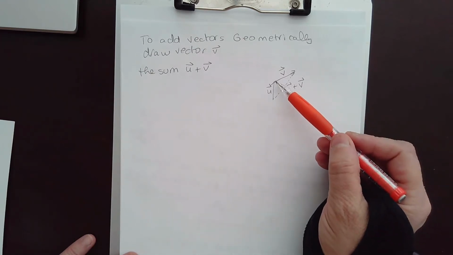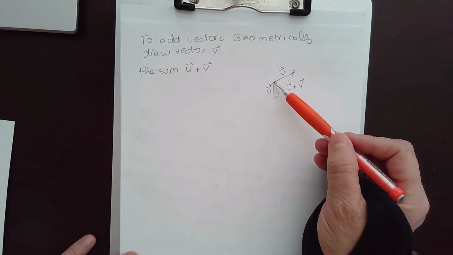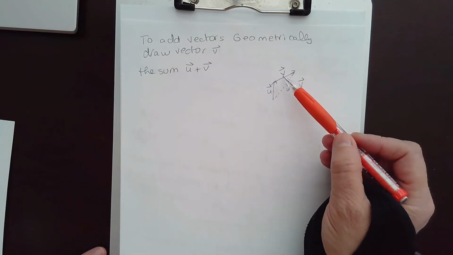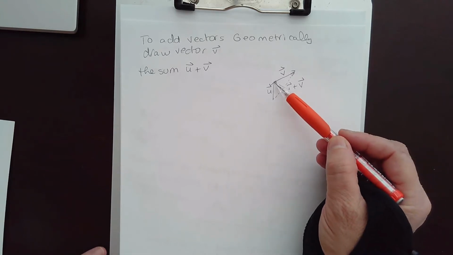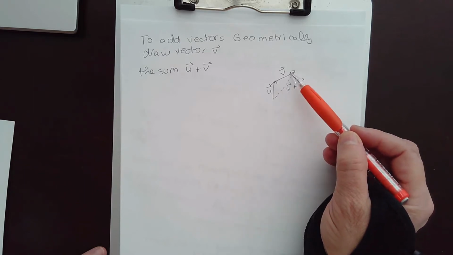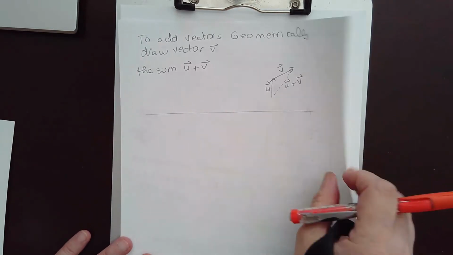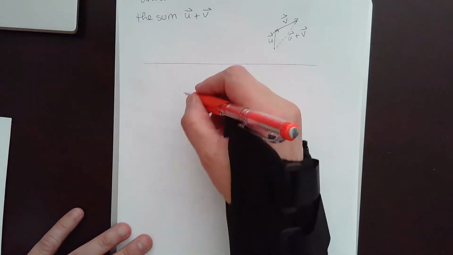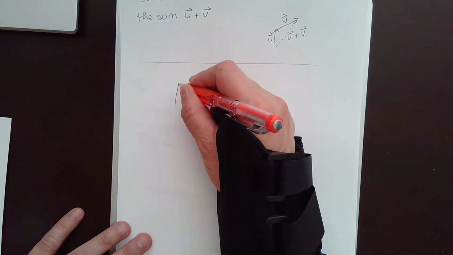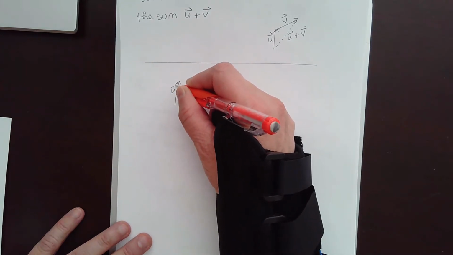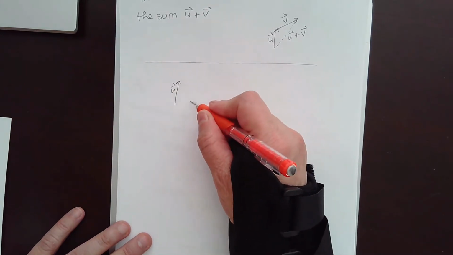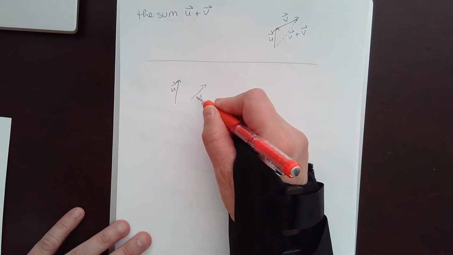One doesn't have to start with the end of the previous vector. For instance, here vector V, it started where? The end of vector U. Usually you don't have that. So let me show you. Suppose it was slightly different than this. Suppose you have U like this and V like this. How would you add them?